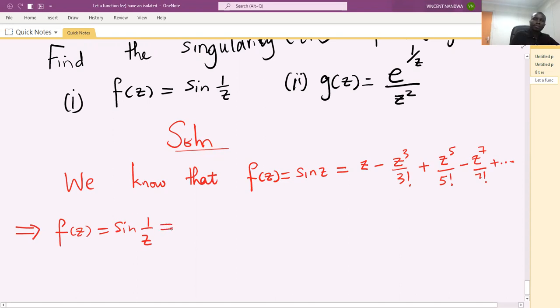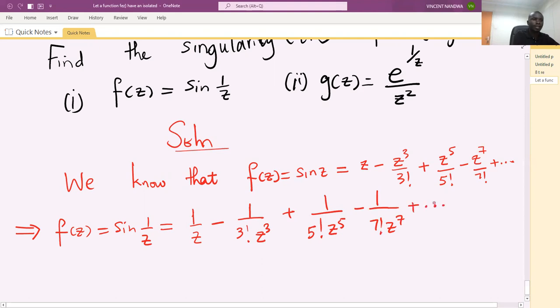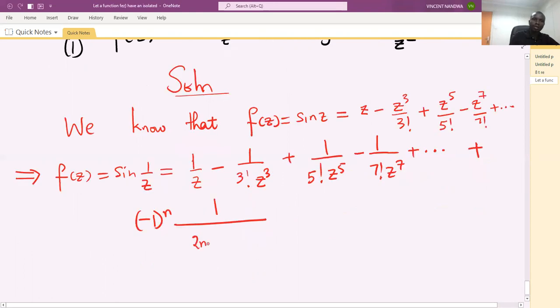So this will be given by 1 over z minus 1 over 3 factorial z cubed plus 1 over 5 factorial z power 5 minus 1 over 7 factorial z power 7, and then plus other several terms, and then plus negative 1 power n, 1 over 2n plus 1 factorial, z power 2n plus 1.